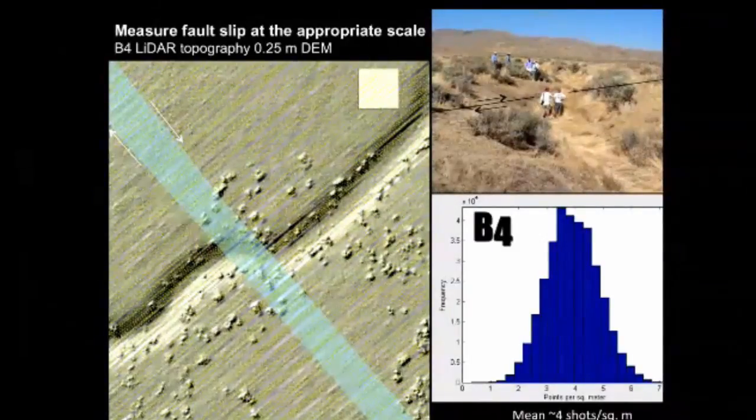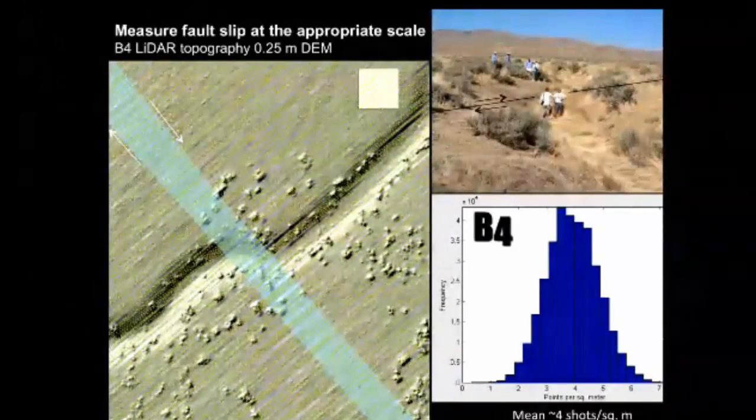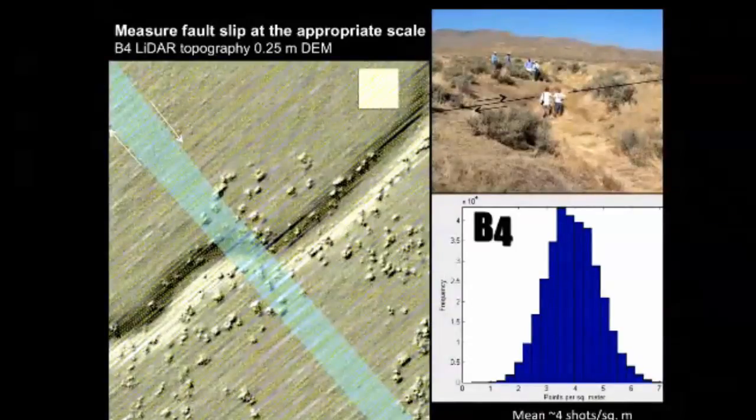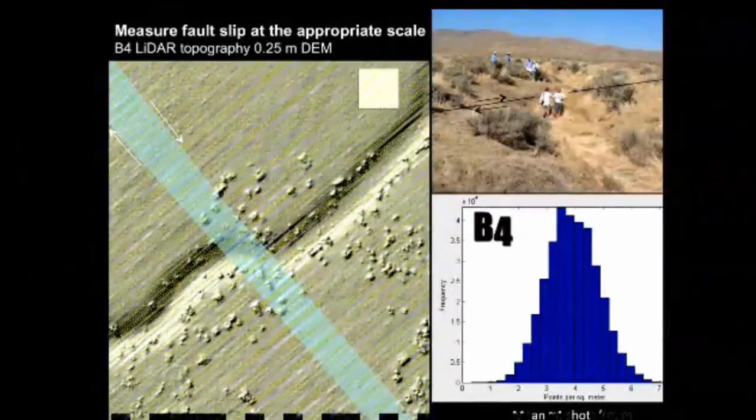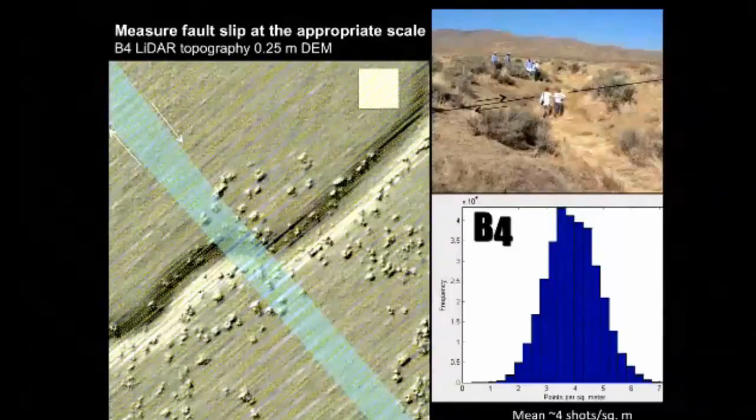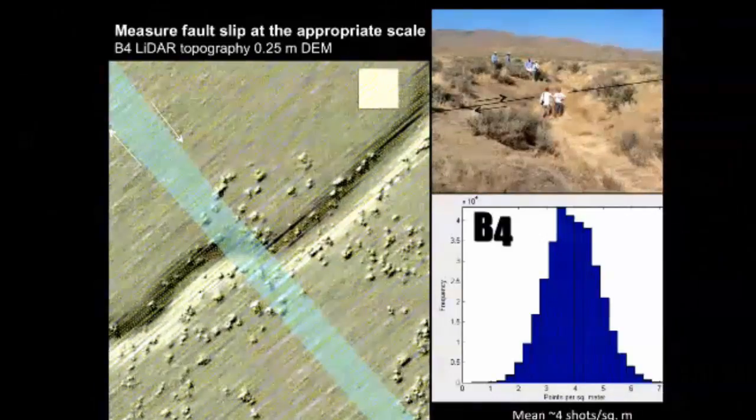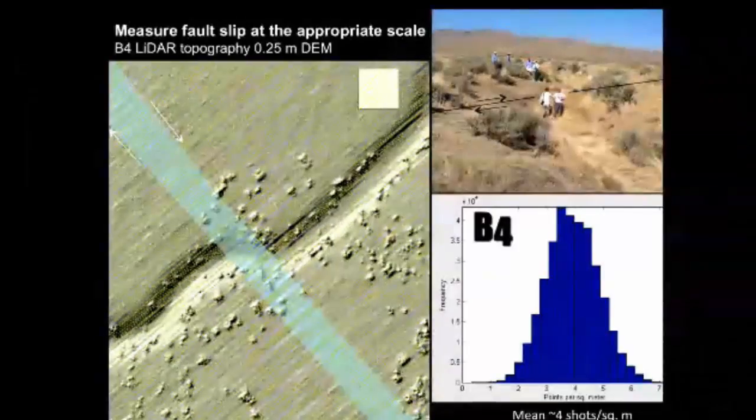We can turn them into a digital elevation model, 25 centimeters per pixel, and get a much richer representation of the topography and even the bushes. This histogram shows the sampling, about 4 points per square meter. So going to 25 centimeters per pixel is probably pushing it in terms of the resolution. But now we can almost do virtual geomorphology, so we can stand looking in this direction at this group that are discussing the offset.